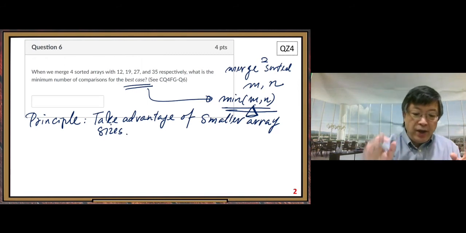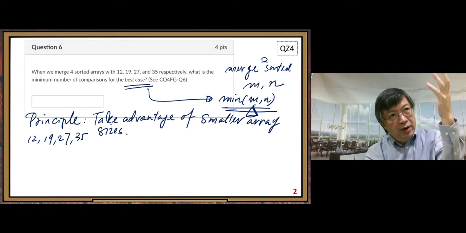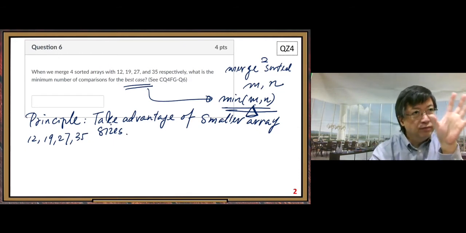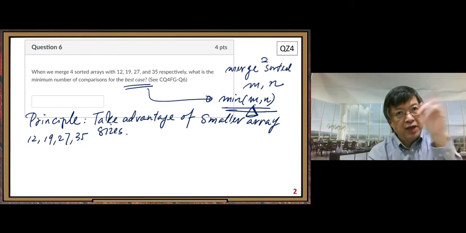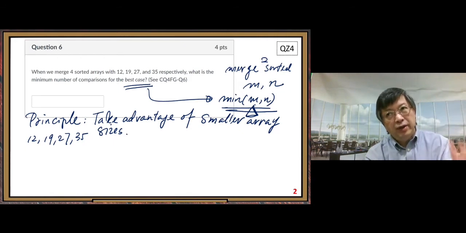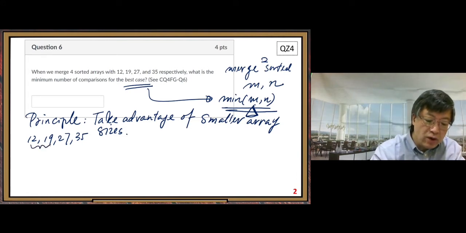All right. So one way we can do this is with 12, 19, 27, 35. When we do the merge, we start from arrays with the smallest possible sizes. So that's one way we can try to take advantage of smaller array sizes.